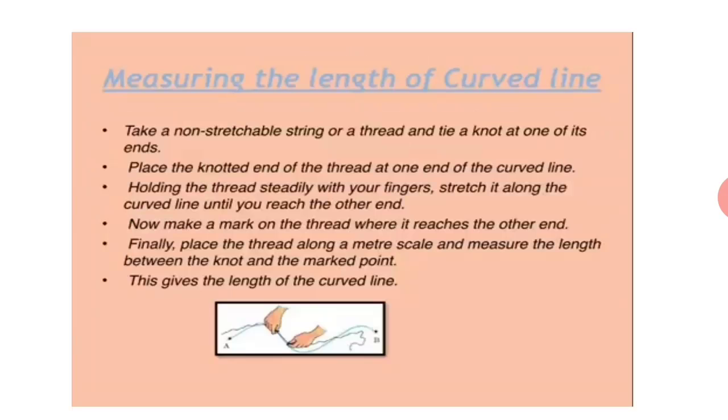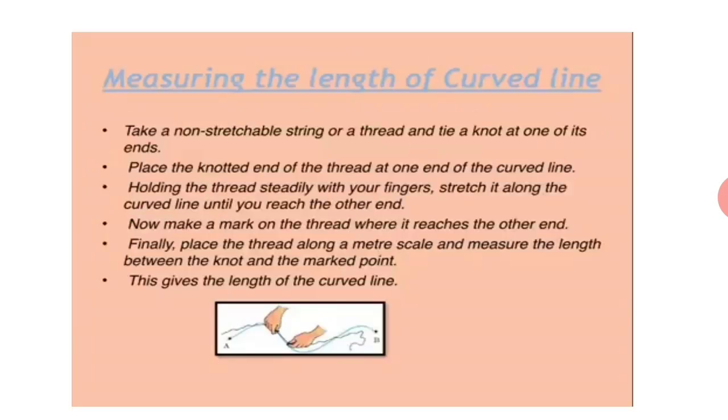Now, measuring the length of a curved line. If the line is curved, how will we take the measurement? Take a non-stretchable string or a thread and tie a knot at one of its ends. That means the string should not be elastic. Elastic will not be able to give you the exact measurement. Place the knotted end of the thread at one end of the curved line. Holding the thread steadily with your finger, stretch it along the curved line until you reach the other end.